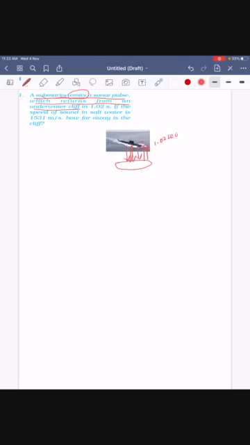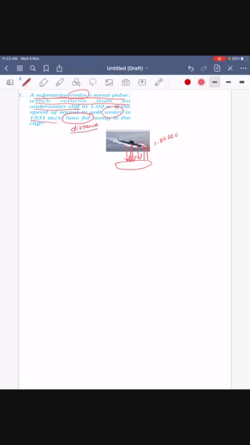The speed of sound in salt water, where water is the medium, is 1531 meters per second. How far away is the cliff? How far means they asked for the distance.